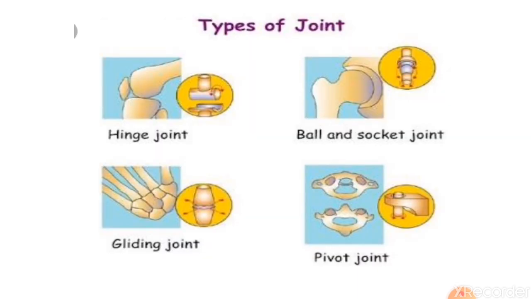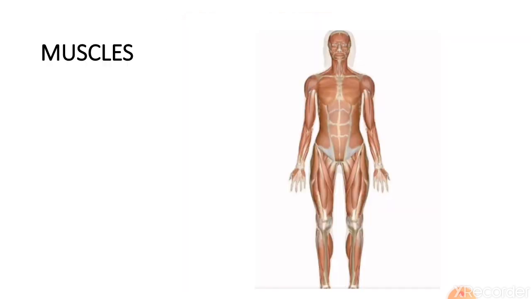You have also learned about the different joints. In that you had learned about the 4 different types of movable joints, how they work and where they are found. You have also learned about how muscles worked in our movement process.